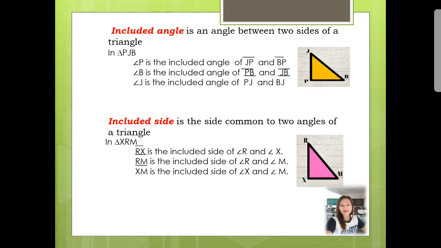As you can see in the figure, side RX is the included side of angle R and angle X. Side RM is the included side of angle R and angle M. Another one, side XM is the included side of angle X and angle M.